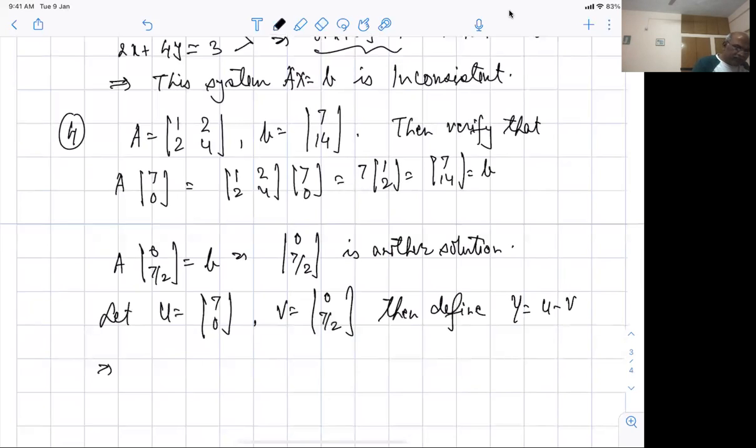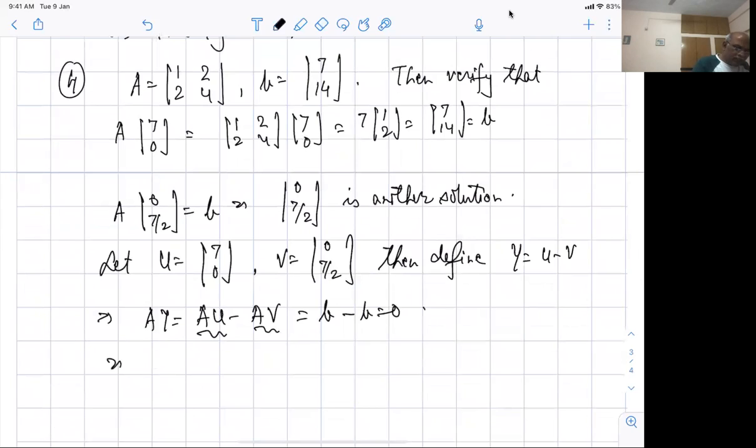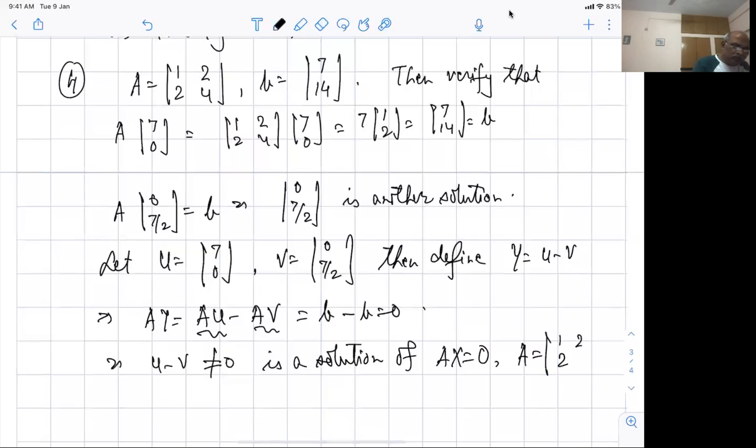So this implies Ay equals Au minus Av, which is the same as, Au is already B, Av is also B, so this is 0. This implies u minus v, which is not a zero vector, is a solution of Ax = 0. Here A that I have taken is [1 2; 2 4].